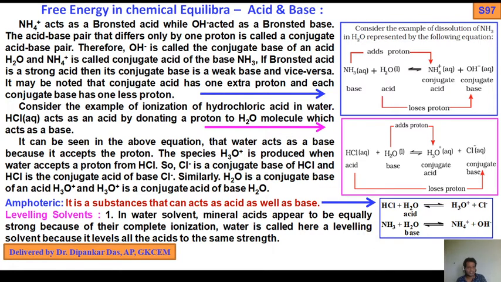So all the acids are leveled to the same strength, and that is the purpose of a leveling solvent.